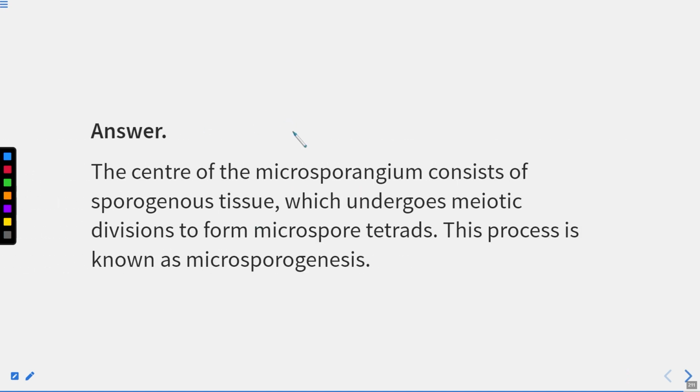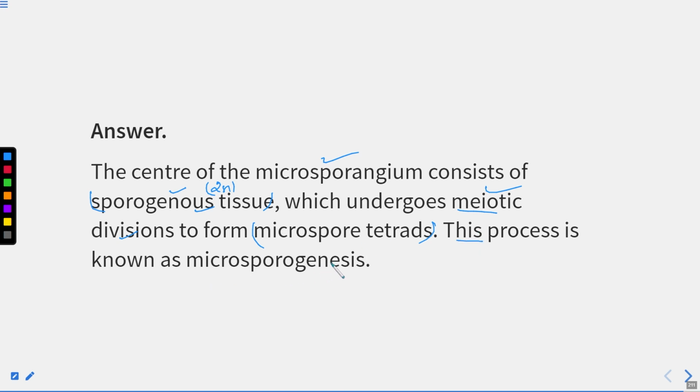Now the center of the microsporangium consists of the sporogenous tissue. In the figure, you must have seen the sporogenous tissue. This sporogenous tissue undergoes meiosis, which is known as reductional division, to form microspore tetrads. The sporogenous tissue should be diploid, so then only meiosis can take place. Meiosis takes place in sporogenous cells and they form microspore tetrads.